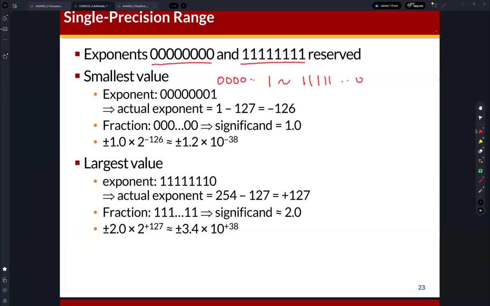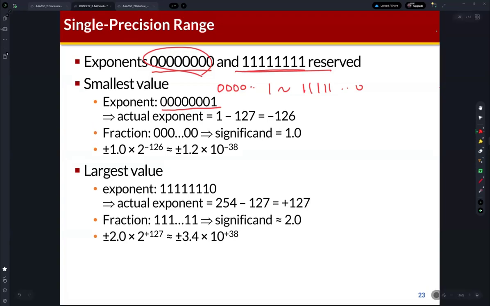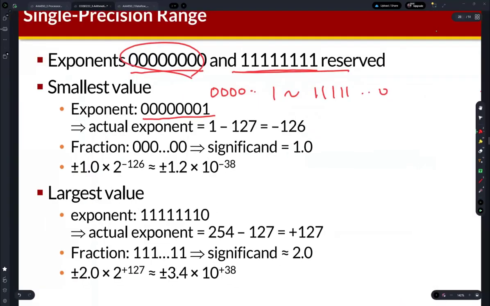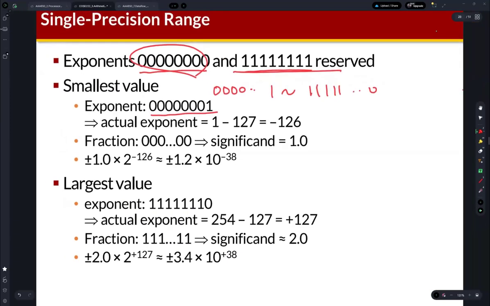So what is the smallest number then? For the smallest number, the exponent is 00000001, because for normal numbers, all zeros and all ones are reserved. So the actual exponent, if we minus the bias, is minus 126.